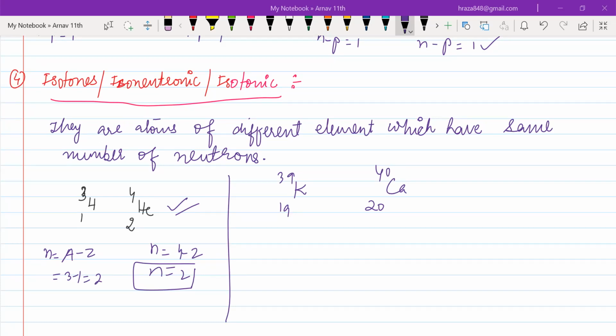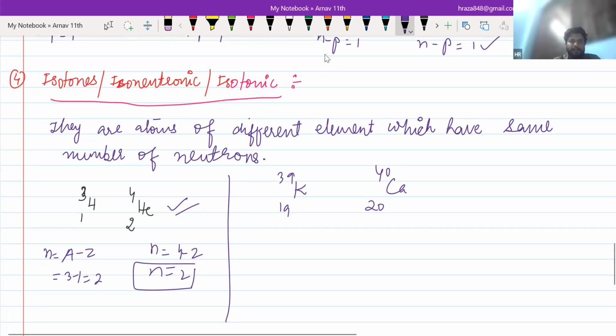Yes, sir. Very good. Okay. So this is isoneutrons.